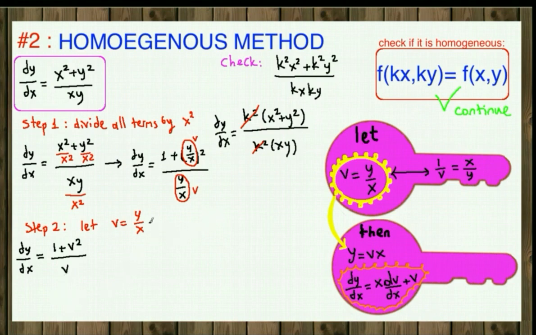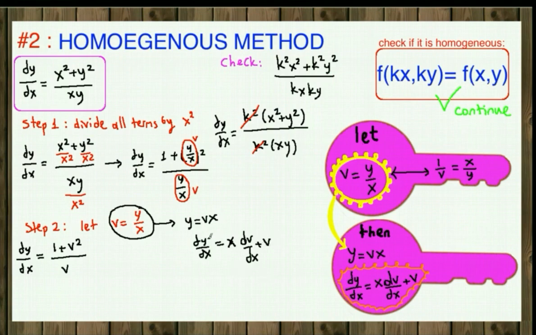And in this equation, y equals v times x, that is our key component, we need to differentiate this function. And if we differentiate this, what we are going to get is dy over dx equals, by the product rule, x times dv dx plus v.